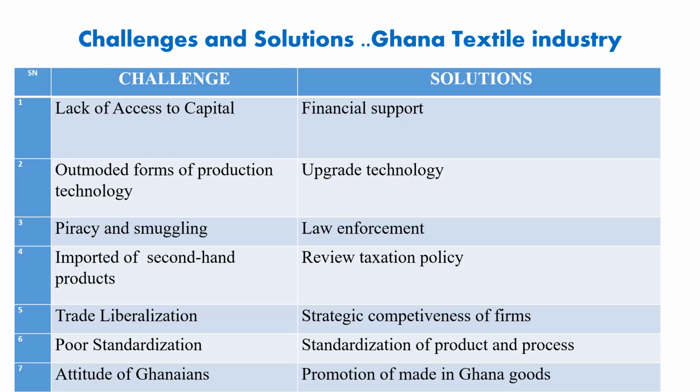Trade liberalization has cost the industry a whole lot, for standardization standards. Now the whole world is looking for standards. In our textile industry, we cannot compare our product to offshore because offshore go with standards.